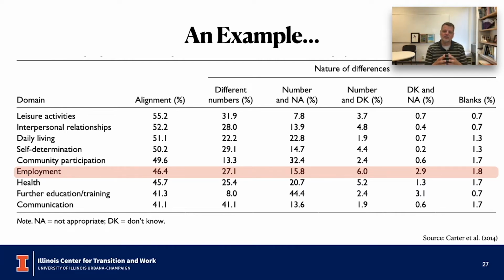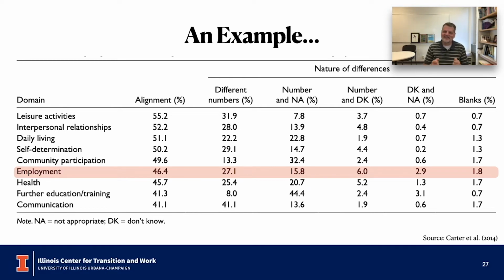And we used something called the Transition Planning Inventory. Each of the 5 items in this section of employment was rated on a 1 to 5 scale. And then parents and teachers could also indicate that they didn't know, which is DK, or that an item was not applicable, or NA. And here's what we found.